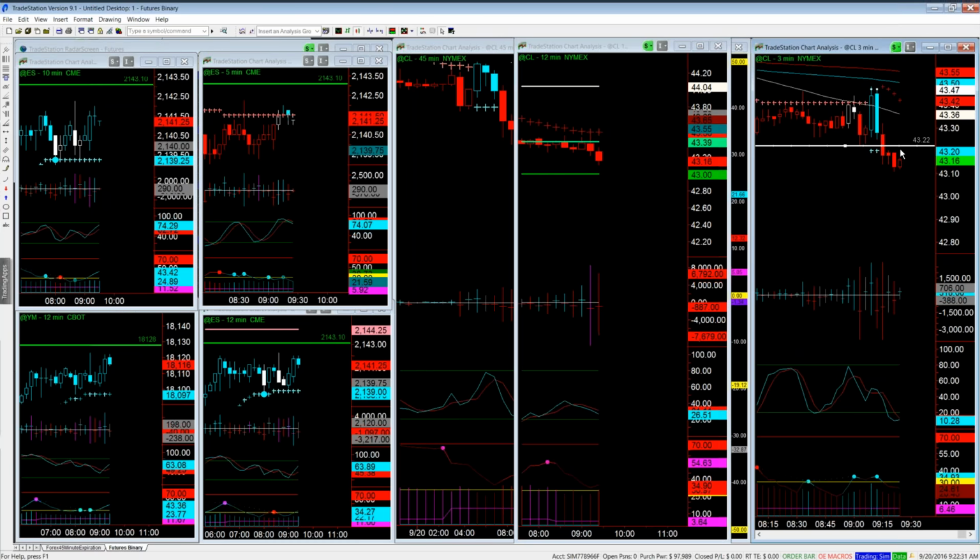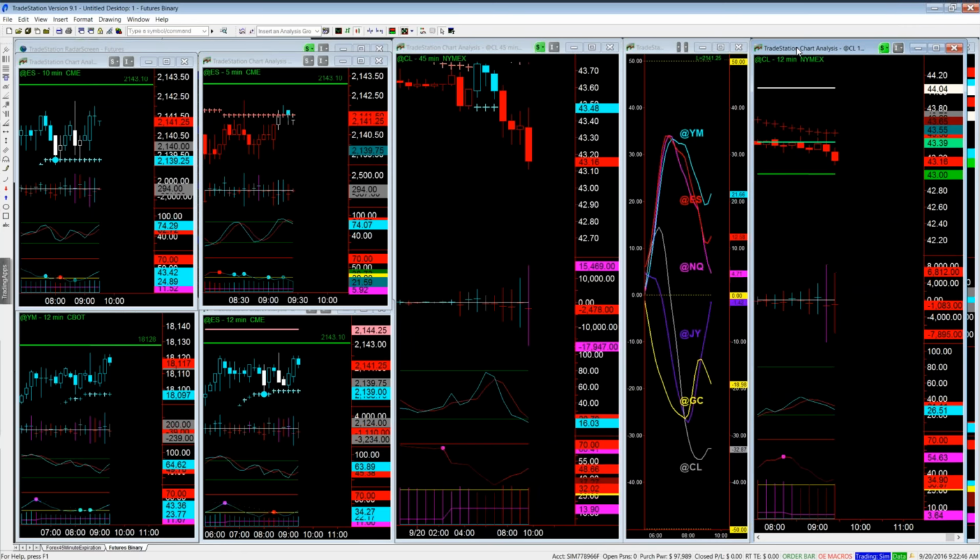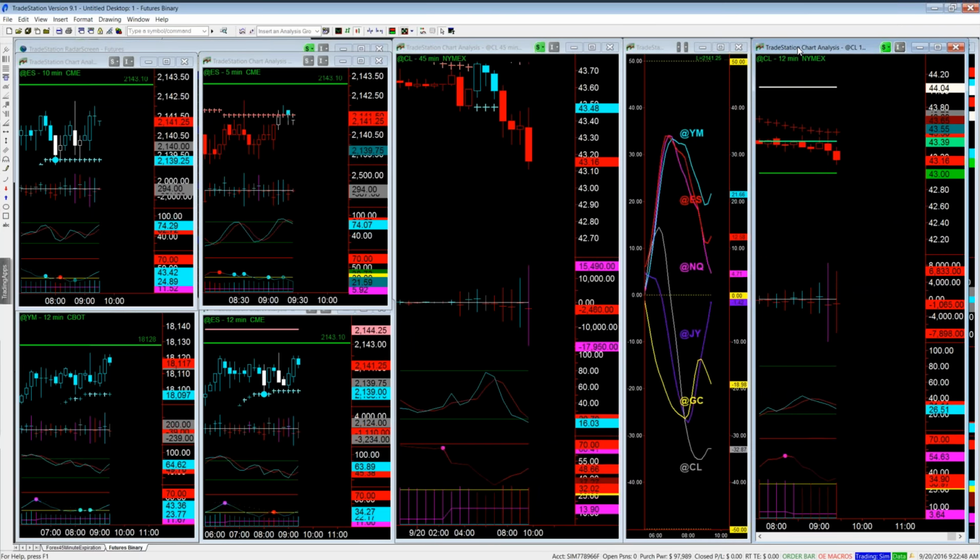And if I get a lower high, I'll pull it down again, okay? Now, right now, do I encourage you to use this 3-minute? No. We're not having enough movement. We're not having enough volatility for me to actually want to trade these lower time frames.